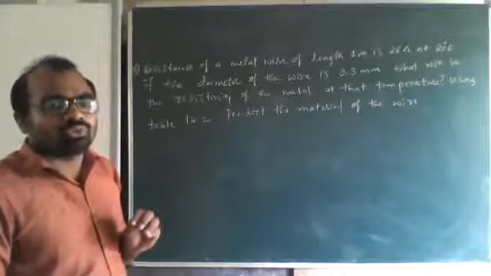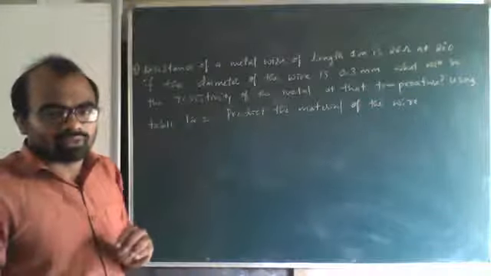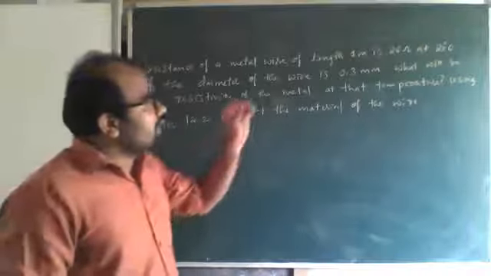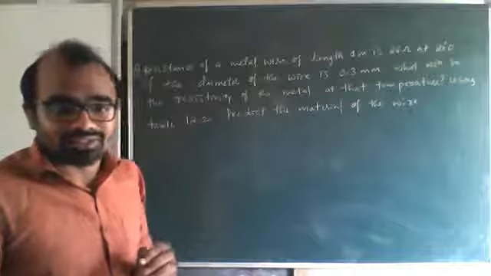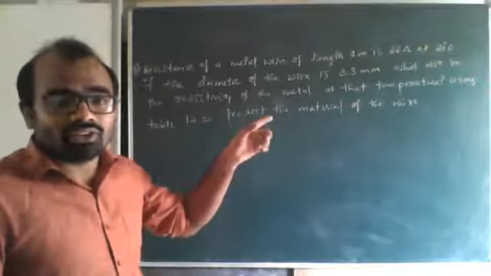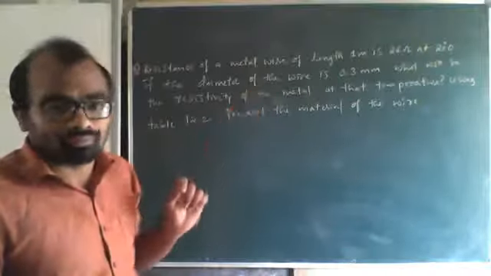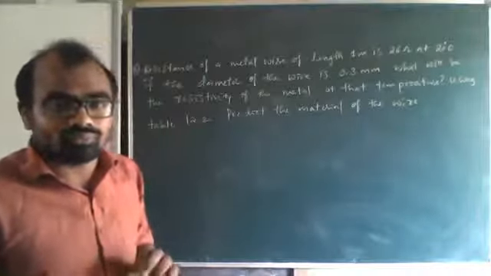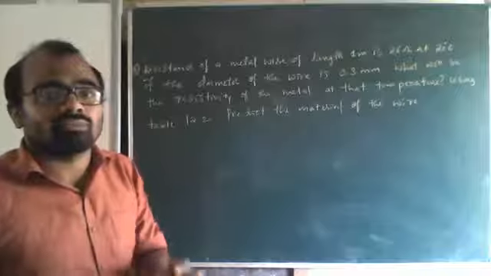If the diameter of the wire is 0.3 mm, what will be the resistivity of the metal at that temperature?